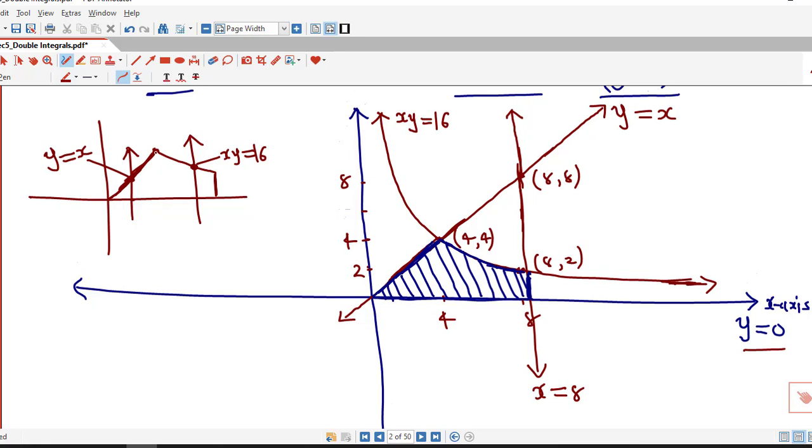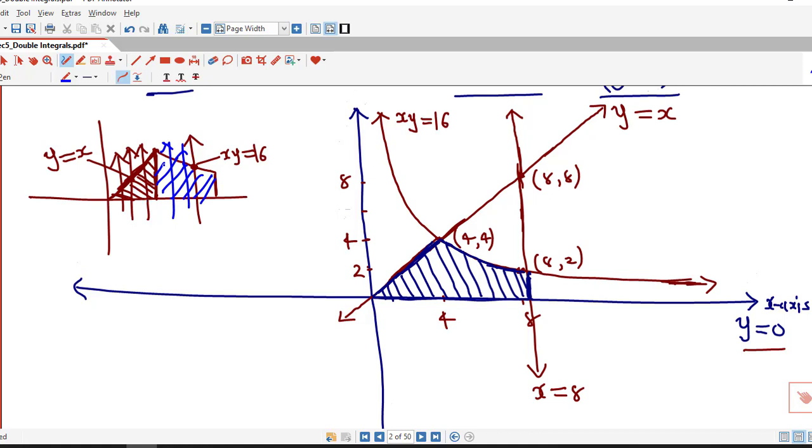But here, vertical lines up to this part of the region will leave the region on the line y equal to x, and if we consider a vertical line on this part, then it will leave the region on the rectangular hyperbola. So we have to divide our region into two subregions.